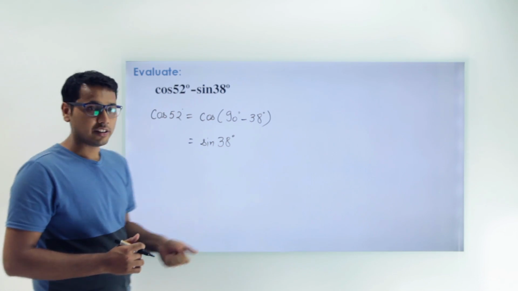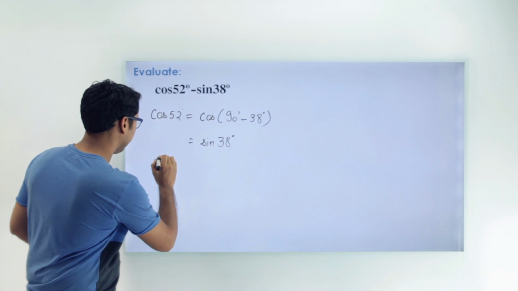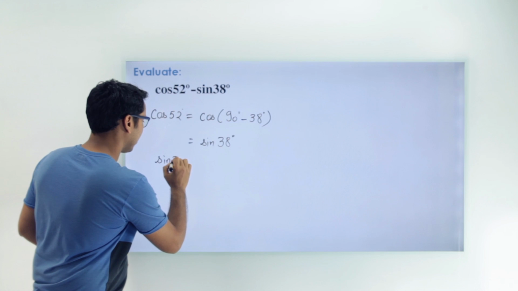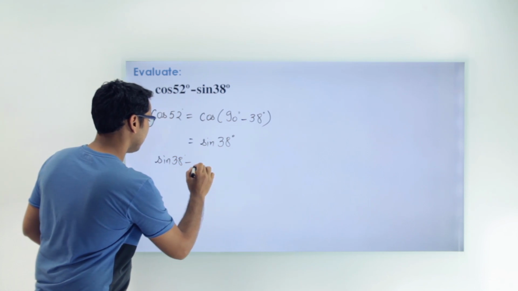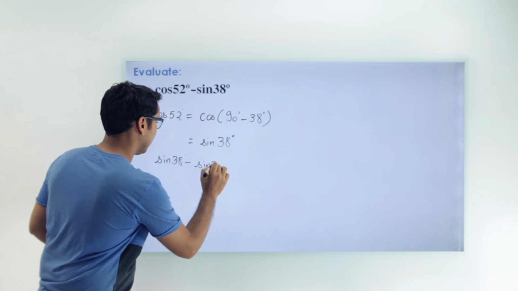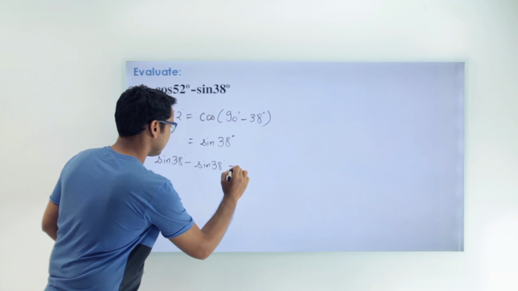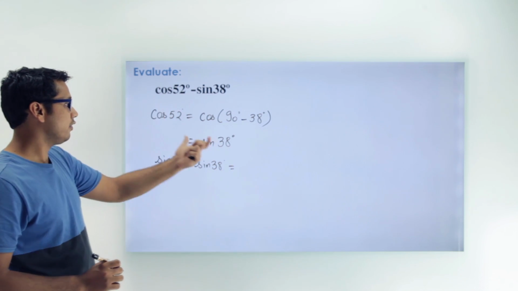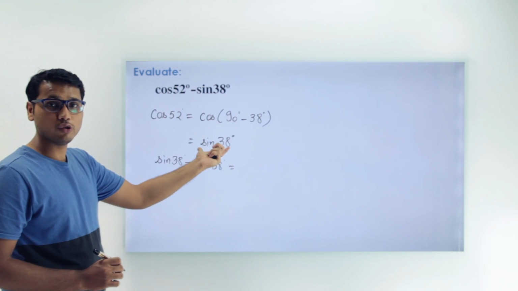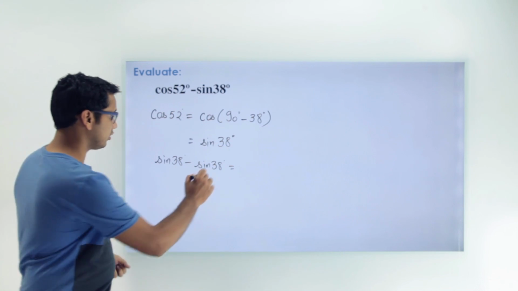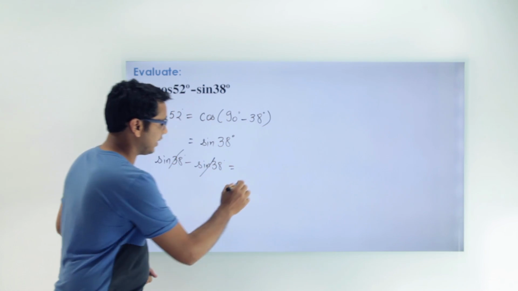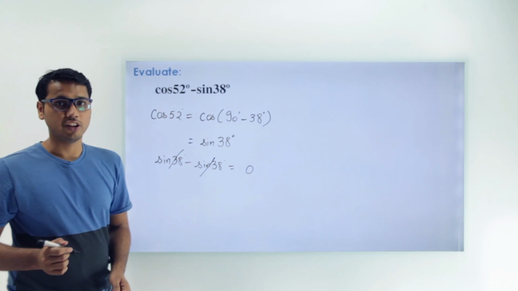Now we can solve it. So this will become sine of 38 degrees minus sine of 38 degrees. In place of cos 52, we had changed it into sine of 38. So these will get cancelled out and we will get 0.